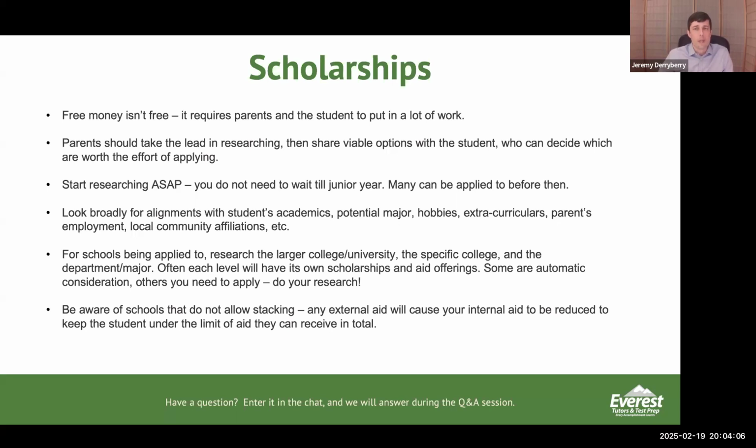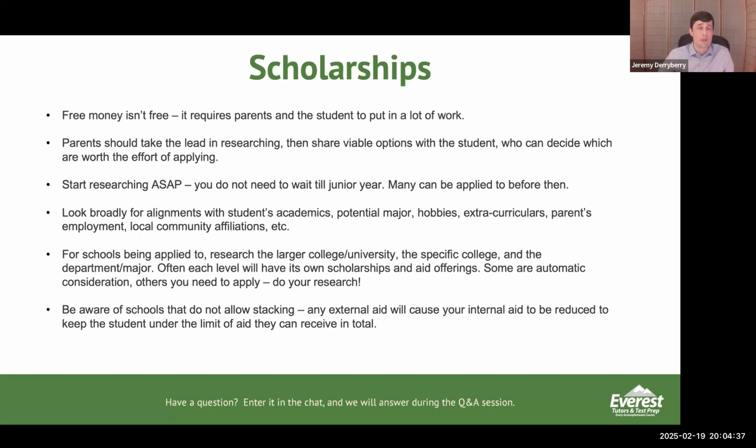There are thousands and thousands of scholarships out there, not just at the school itself, but in your community, maybe at your employer, maybe at your church, maybe another organization that you're involved in. If your child has a major in mind that they're committed to, going out and looking at, say, the Society of Engineers, something related to what their major is going to be, you'll find a whole wealth of scholarships available out there.